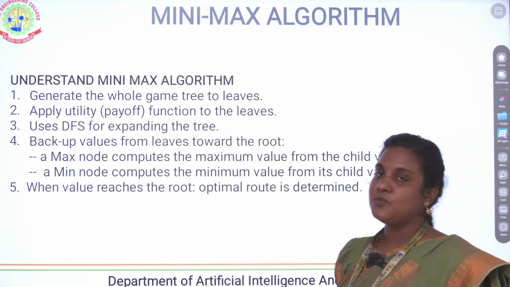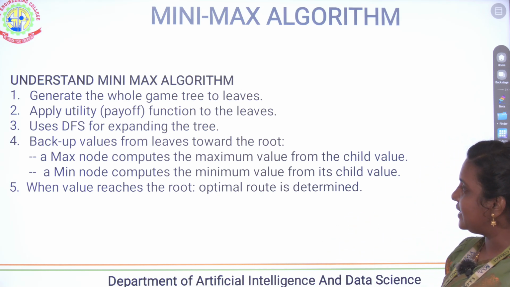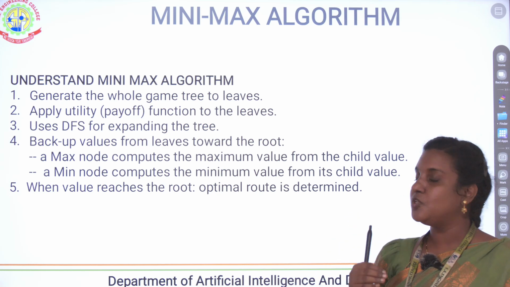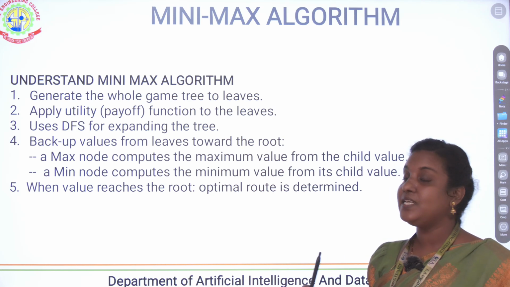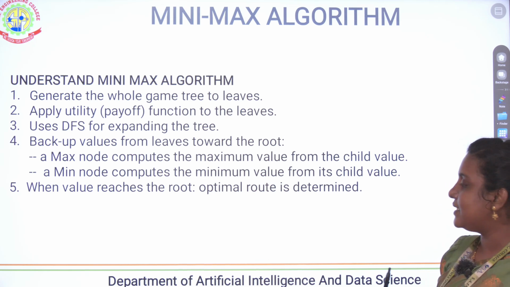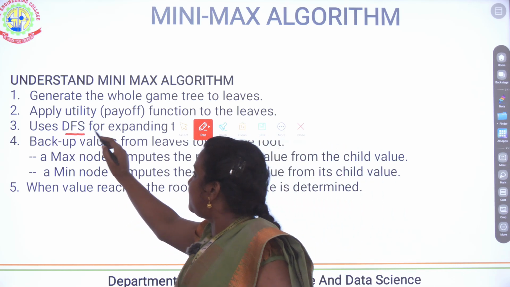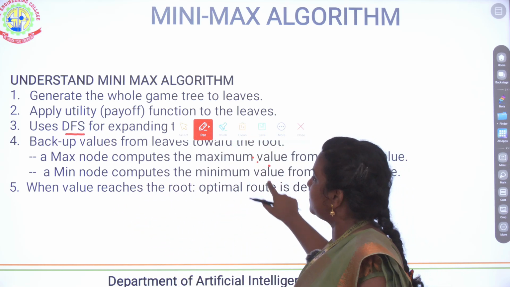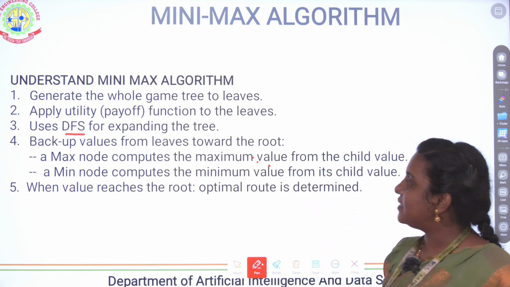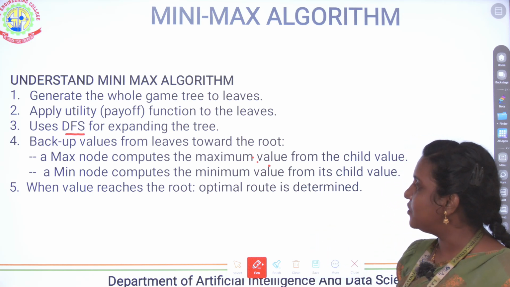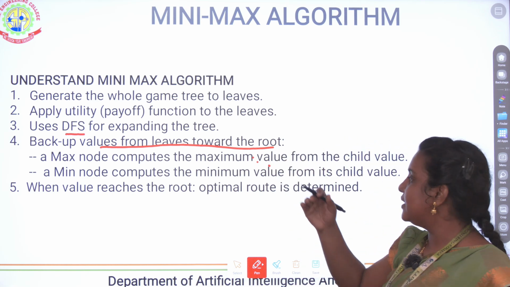Before moving to the problem, we have to understand 5 steps. We have to generate the whole game tree from the root node to the leaf nodes, and apply the payoff or utility function to the leaf nodes. The basic thing is we have to use the depth first search algorithm for expanding the tree, and after traversing to the leaf nodes, we have to back up the values from the leaf nodes towards the root node.